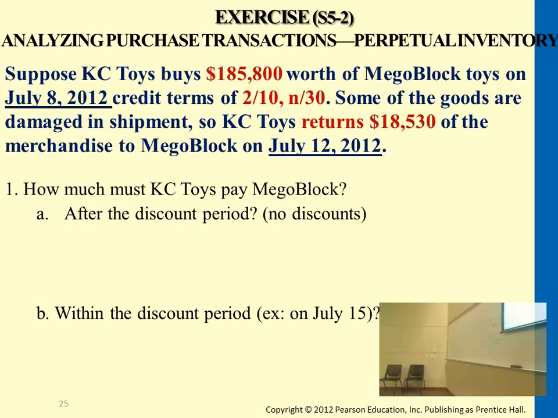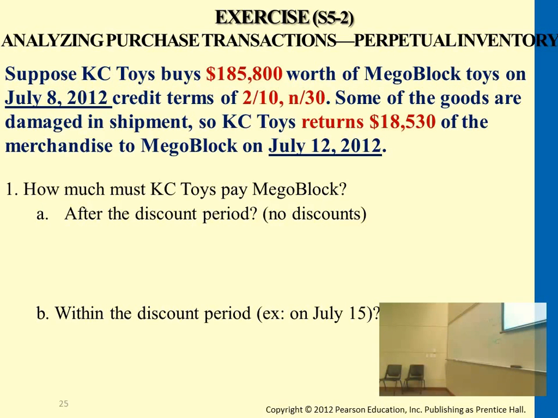Now, some of the goods they realize are damaged in shipment, so they request a refund and allowance. They returned $18,530 worth of inventory. For this company, this return transaction happened 4 days later. Now, here are two questions for you. If this company pays after the discount period, what will be the amount that they pay?